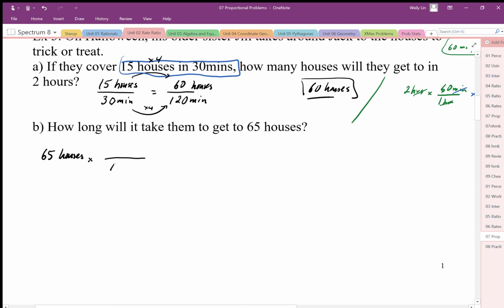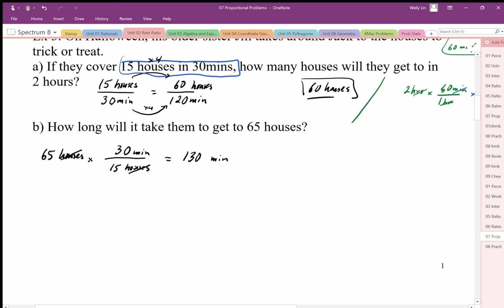Well, I can put my houses in the denominator and 30 minutes in the numerator, and the houses cancel out. 65 times 30 divided by 15. I'm going to do 30 divided by 15 first, and I get 130. The units are going to be minutes.